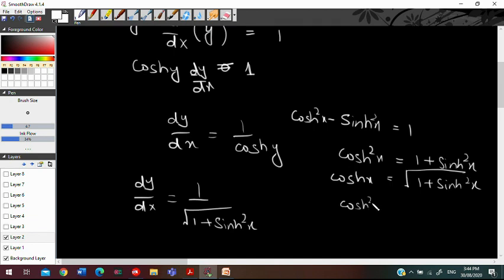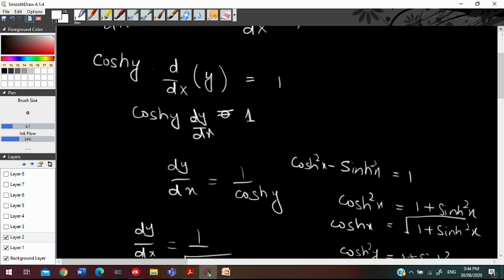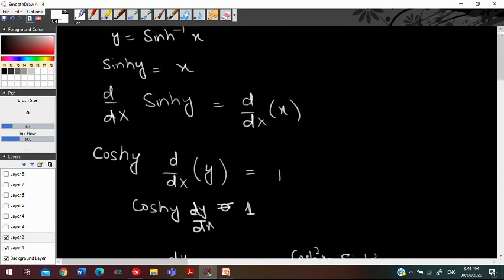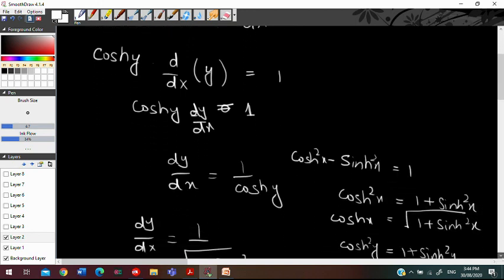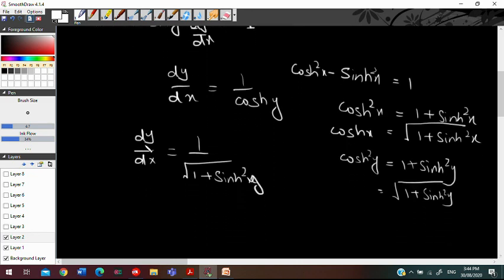Cos hyperbolic square of y is equal to 1 plus sine hyperbolic square of y, and then when you find its value, you can see the value of sine hyperbolic of y from our question, which is equal to x. So we can write dy by dx is equal to 1 divided by the square root of 1 plus x square. So this is the derivation of its first formula.